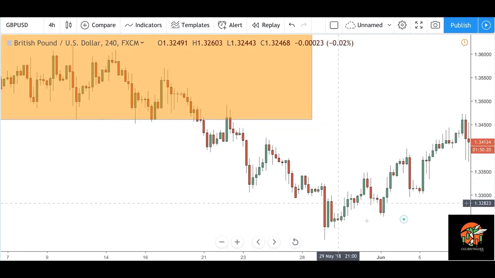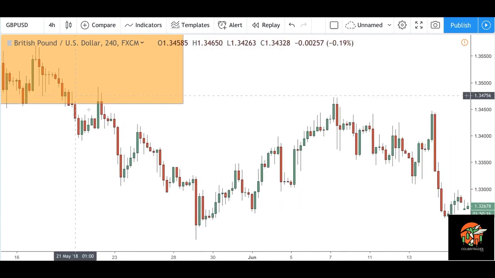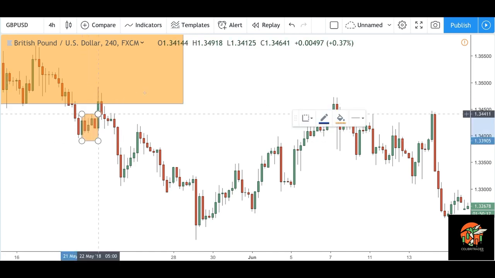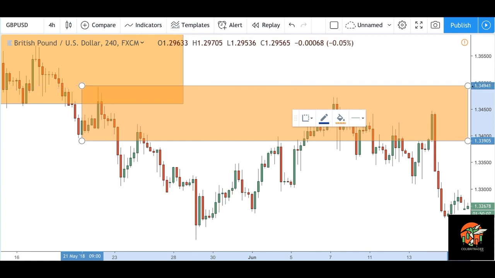So if we continue further down, so basically here you have another cluster. This gives you another indication of where sellers would be concentrated.